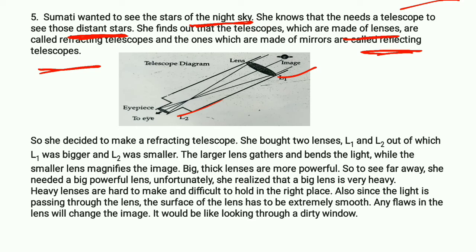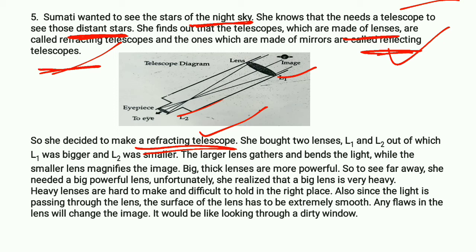So she decided to make a refracting telescope. Refracting telescope means it contains the lens. Reflecting telescope means it contains the mirror. So we are getting some idea while reading the paragraph, right?